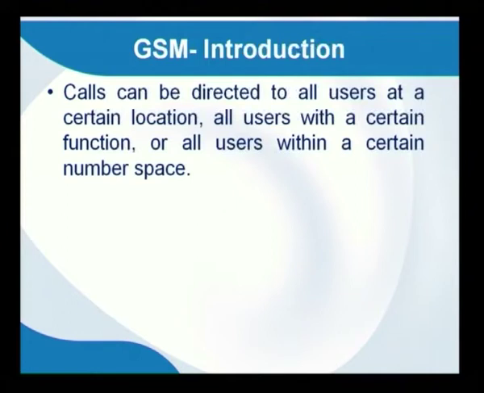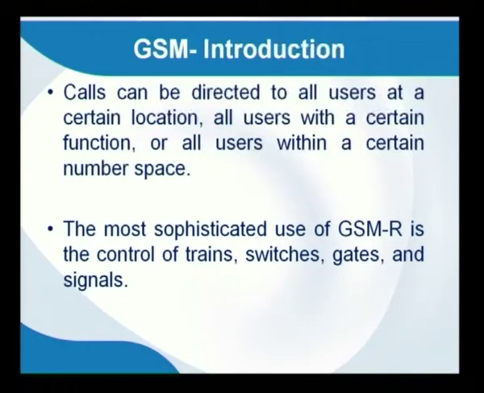For example, in a particular location we can assume that we have 100 or 20 engines, but the control room wants to send one particular piece of information to a set of drivers, for example the drivers of 10 train engines. So a particular subset within the location can also be reached using this facility. The most sophisticated use of GSM-R is the control of trains.